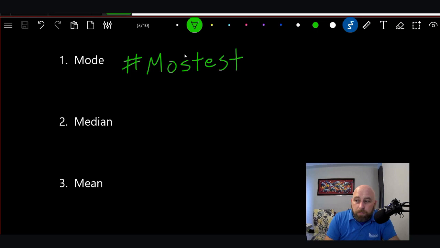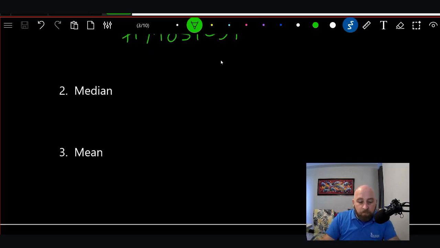What if 2 numbers repeat the same amount of times and they're the most? Well, then there would be 2 modes. That's called bimodal. If there's 1 mode, it's called unimodal. What if there's more than 2? It's called multimodal. And sometimes maybe there's no repeating numbers at all. There's just all unique numbers. And that's called no mode. And that is on page 554.